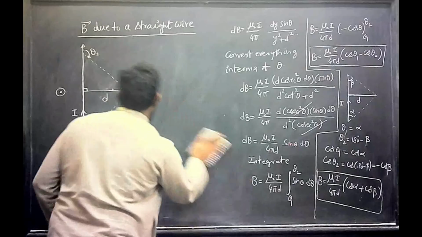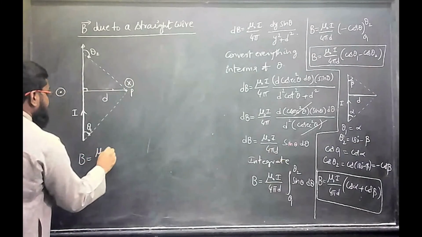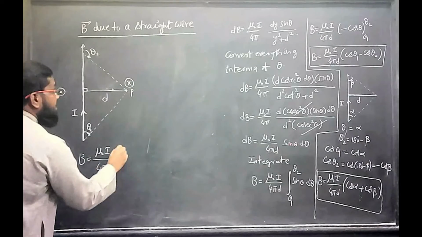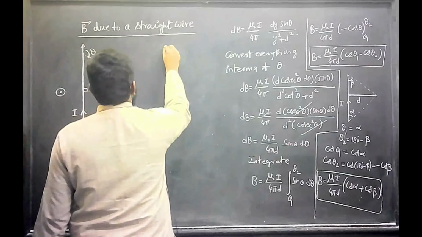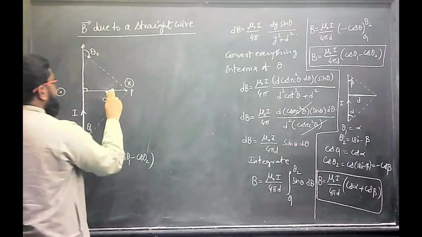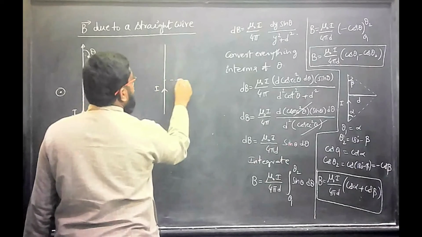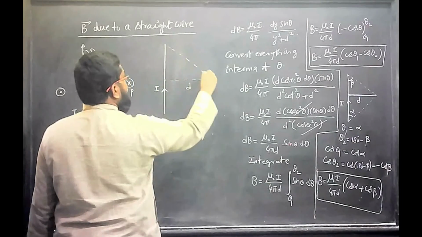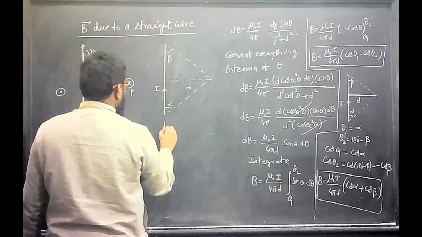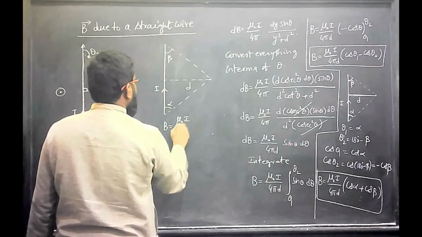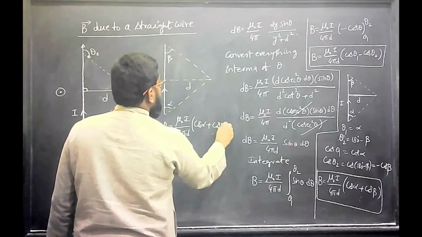When this is the scenario, the formula for the magnetic field at that particular point is B equal to mu naught I by 4 pi d into cos theta 1 minus cos theta 2. When this is the scenario, with current I and distance d, with angles alpha and beta, then B is equal to mu naught I by 4 pi d, cos alpha plus cos beta.